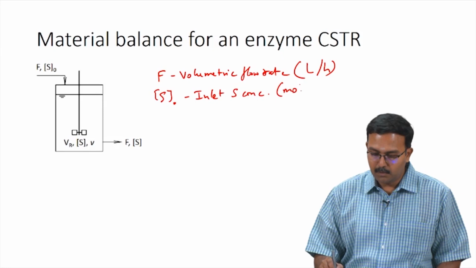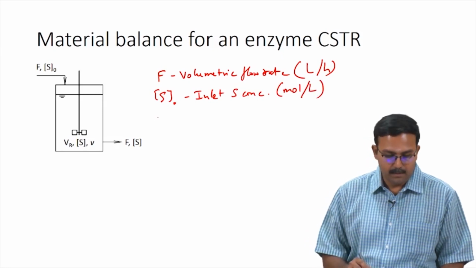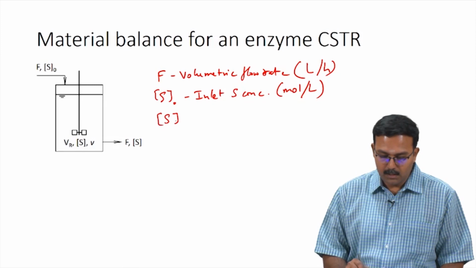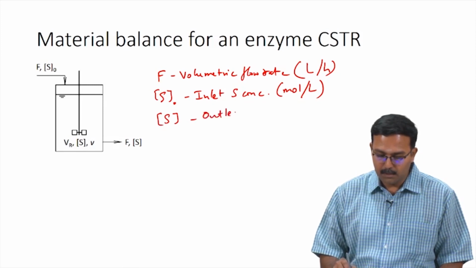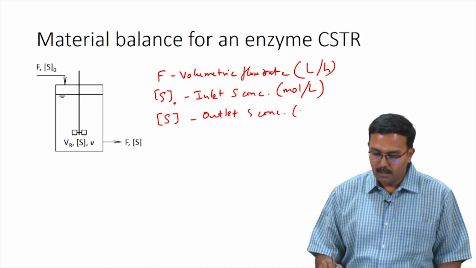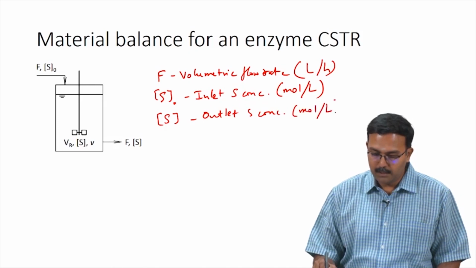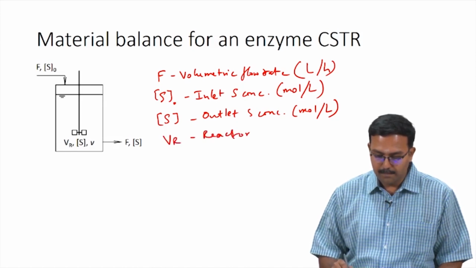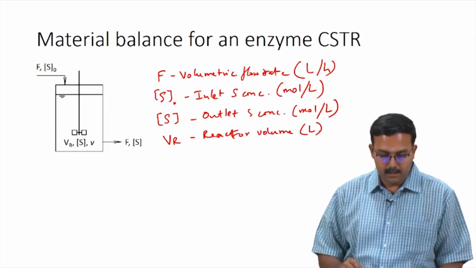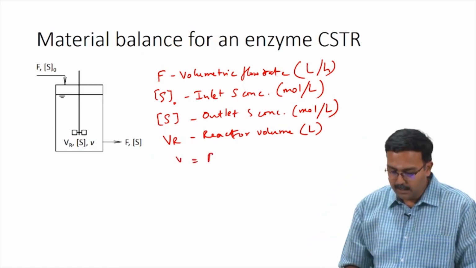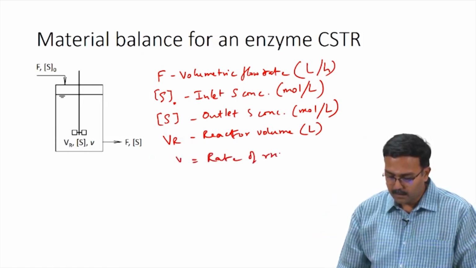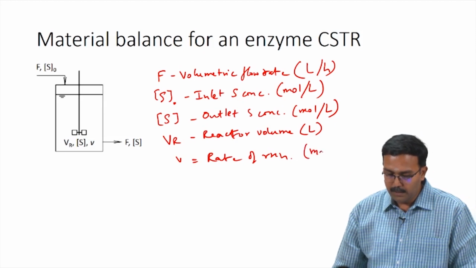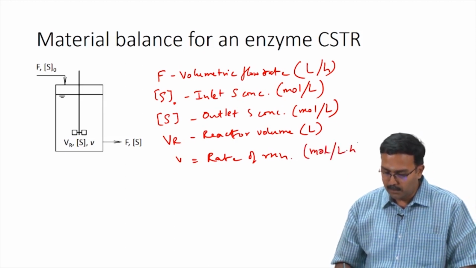This can be in terms of moles per liter or grams per liter, and you have S, which is the outlet substrate concentration, again in terms of moles per liter, and you have Vr, which is the reactor volume, which would be in terms of liters, and V represents the rate of the reaction and the units would be moles per liter hour.